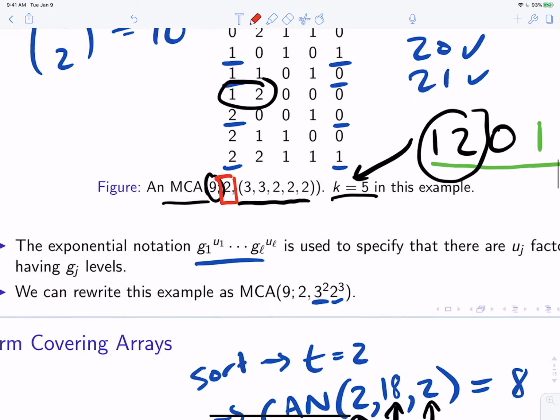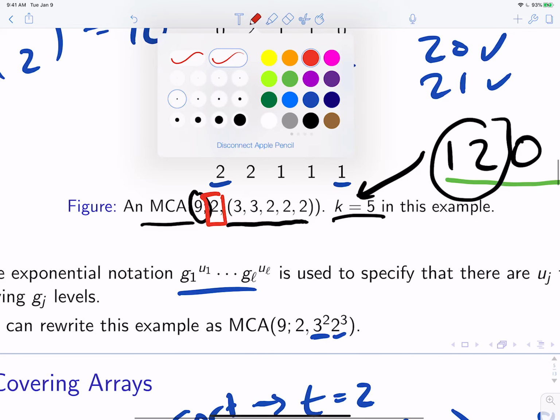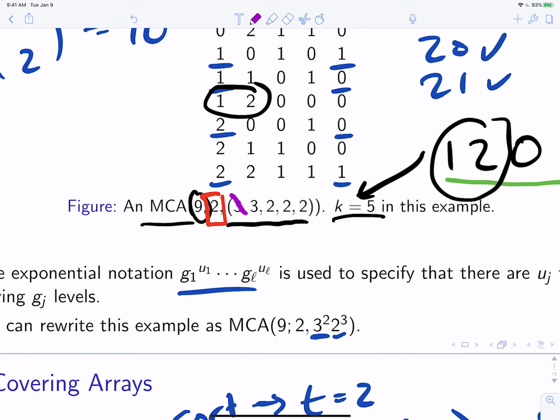So let's look at the mixed covering array here. Let's just say that I'm going to change the first 3 to a 4. What is the minimum number of rows I must have now? Strength 2. It is what? Yeah, 12.